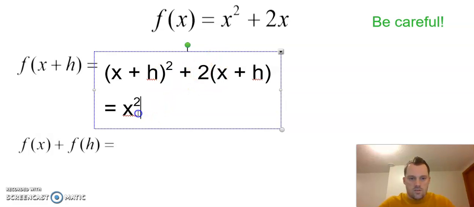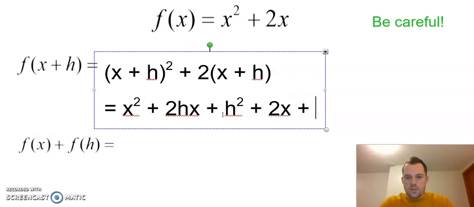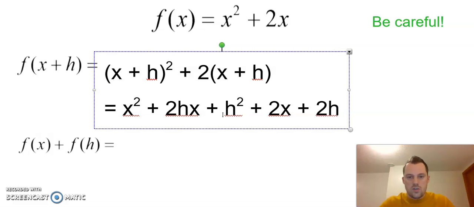So we're going to end up with h times x, and we're going to have two of them. And then we end up with h squared. And then once we distribute that 2, we get 2x and 2h.